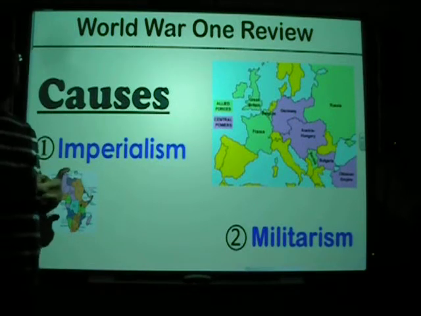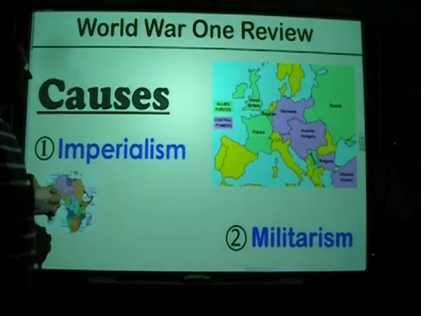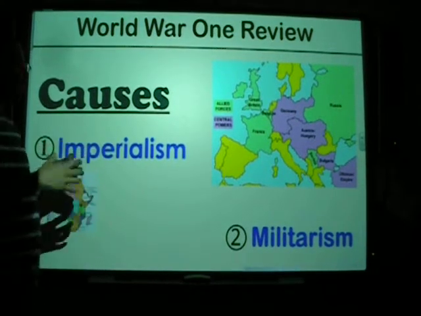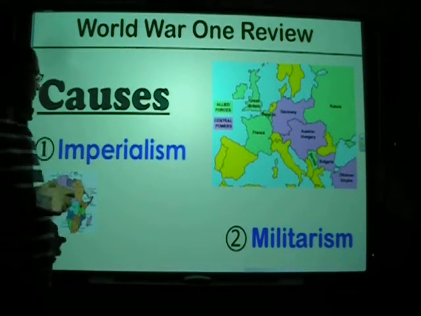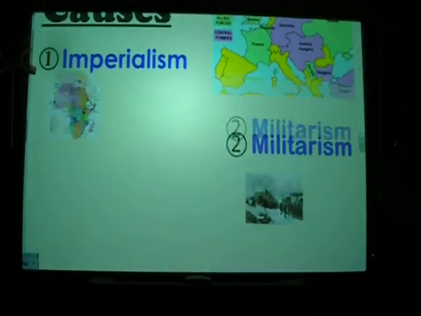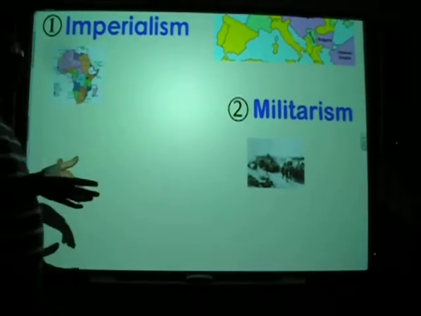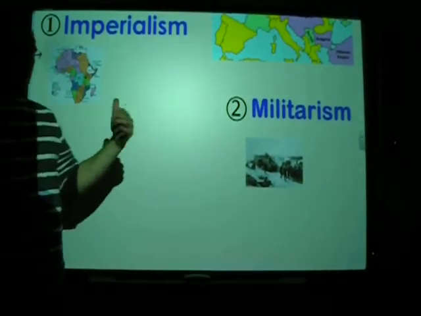So I won't talk too much about style of fighting and location or battles in this, but more so the political factors leading up to the war. So first one was imperialism, which we talked about, around 1900, maybe a little before, a little after, but this can be traced back thousands of years.